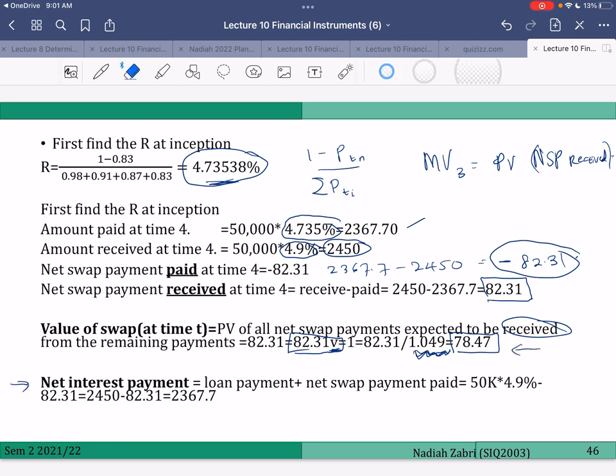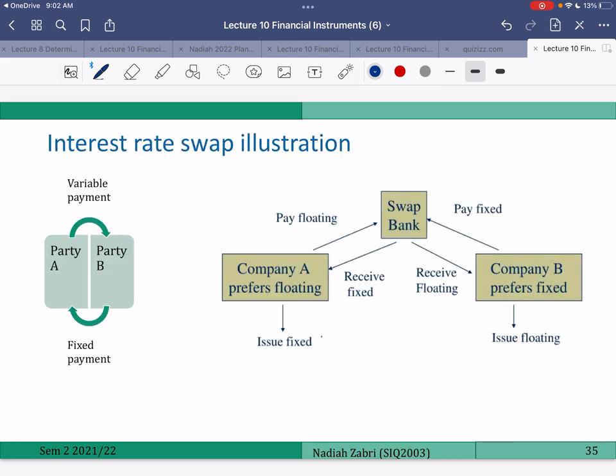Before this, we found the net swap payment, NSP. But now this one is the net interest payment. Not just this example, this company is paying its liability with a fixed rate, but it is paying a floating rate to the swap bank. For company B, it is paying a loan on a floating rate, but it will pay a net swap payment to the swap bank.